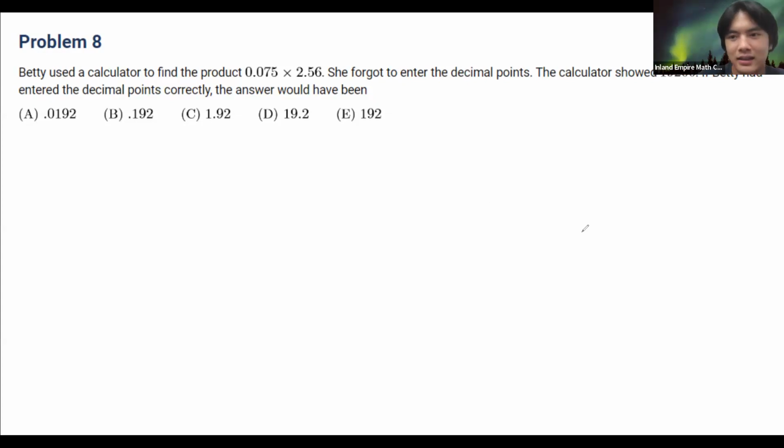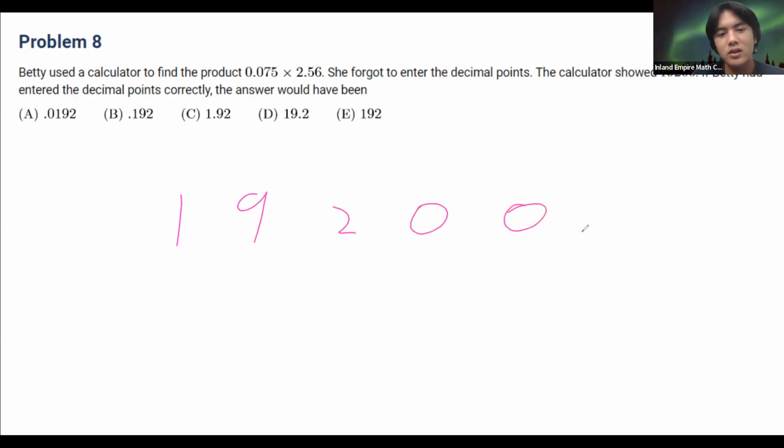rephrase the official solution, what you would do is, if you counted the decimal points up here like Zion did, you'll see that there's 5 decimal points, right? So in other words, what she did is she multiplied the product by 100,000. She multiplied the entire product by 100,000, and then she got 19,200.